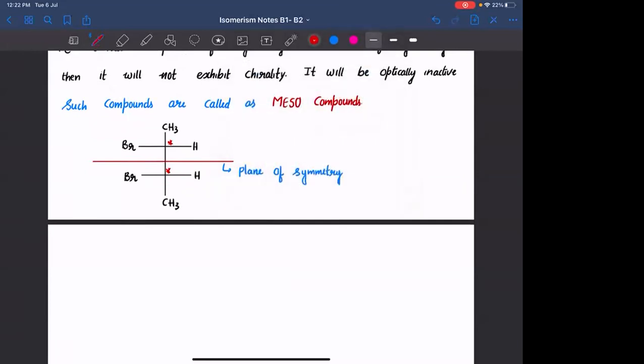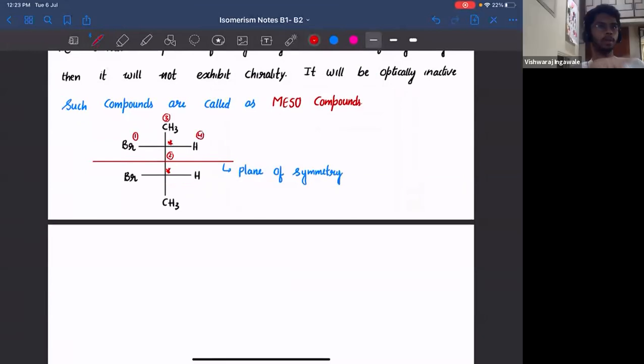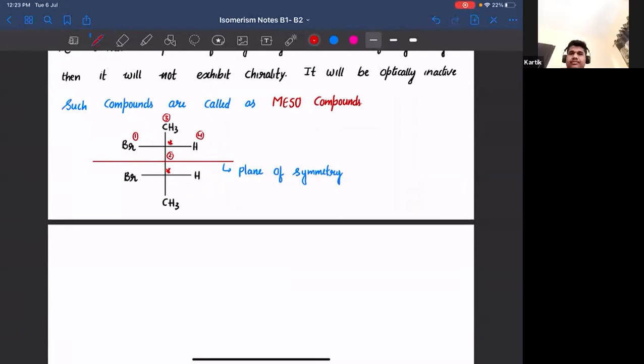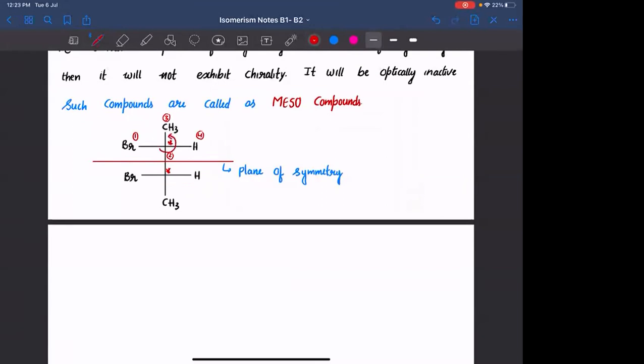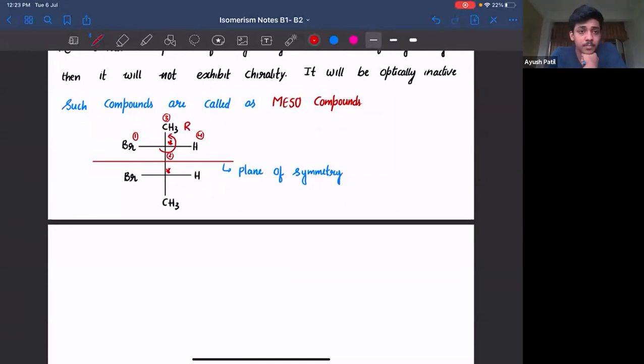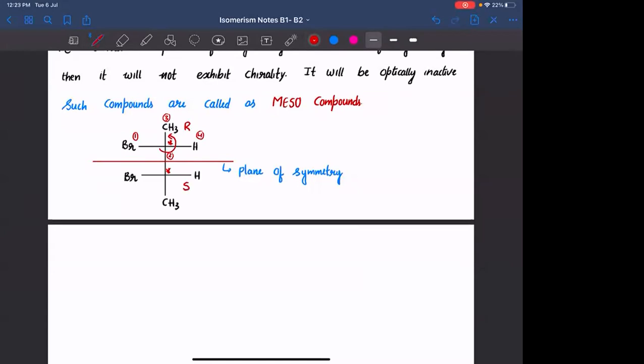Everyone, please tell me the configuration too. R. R. R. Okay, 1, 2, 3 anti-clockwise. Yes, it is R, right? Without even solving, you can write this as S. If this is R then obviously this should be S. R need not be clockwise always; it can rotate anti-clockwise too.